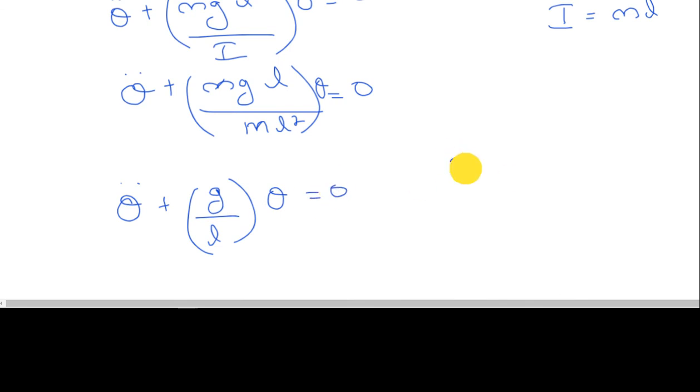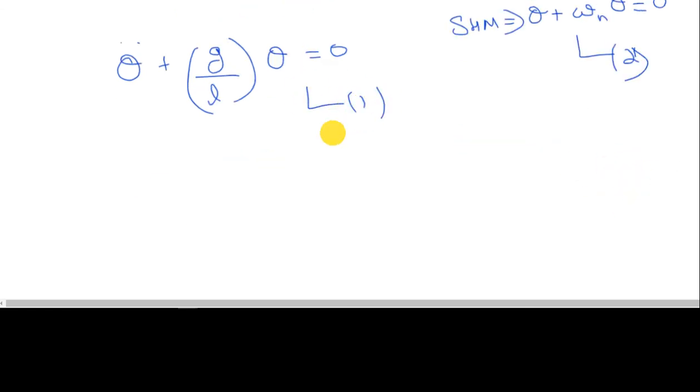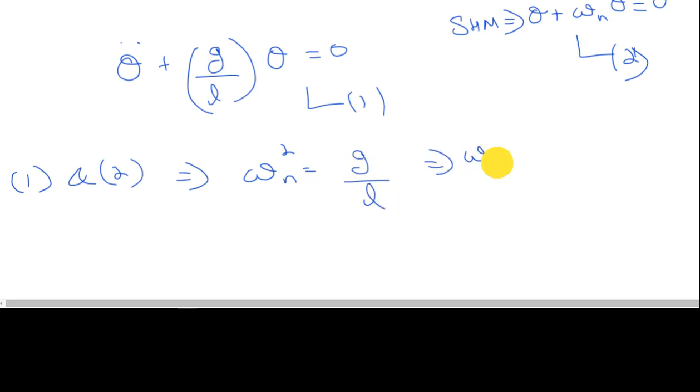We know for simple harmonic motion, the equation is theta double dot plus omega n square times theta is equal to 0. Let this be equation number 2 and the earlier one be equation number 1. Comparing it with the simple harmonic motion equation, we get omega n square is equal to g by l, or omega n is equal to root of g by l.